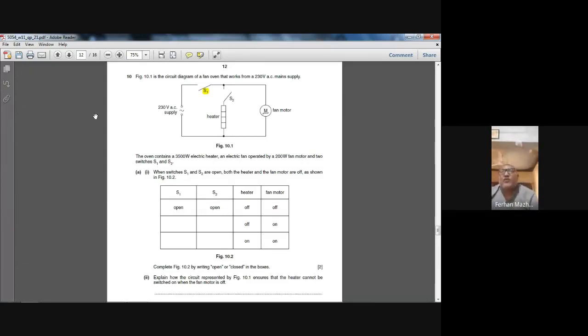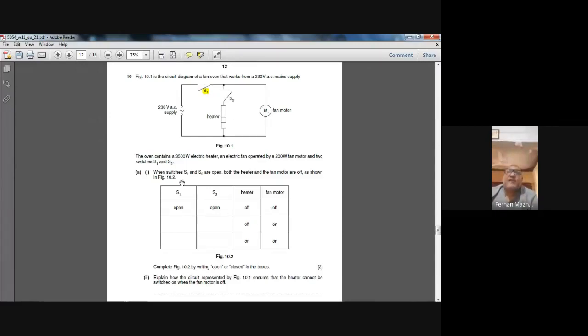An electric fan operated by a 200-watt fan motor and two switches S1 and S2. When switch S1 and S2 are open, both the heater and the fan motor are off as shown in the figure. So if S1 and S2 are open, both the fan and the heater will be off.